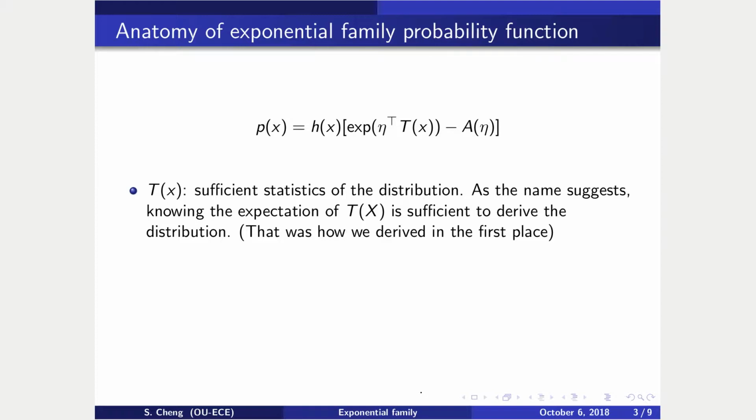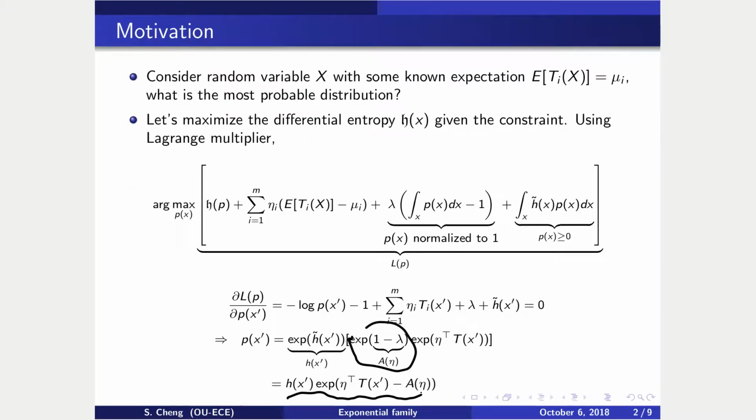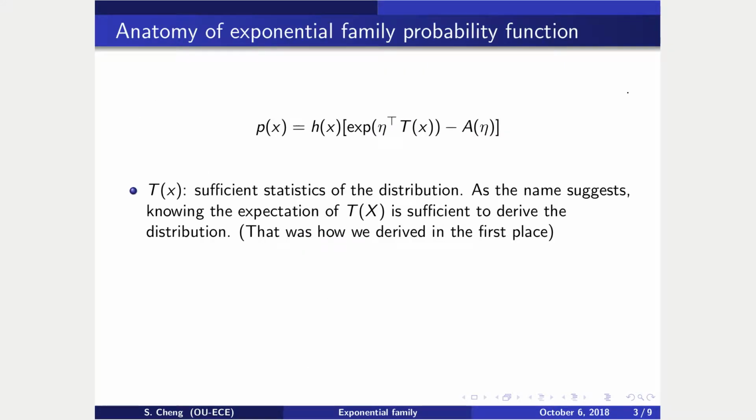It's essentially how we derive it. If we know the expectation of each T_i(x) as mu_i, then from that we can derive the PDF of the exponential family for this particular distribution. So this is apparently the sufficient statistics.